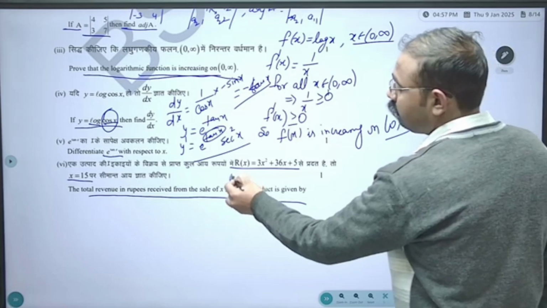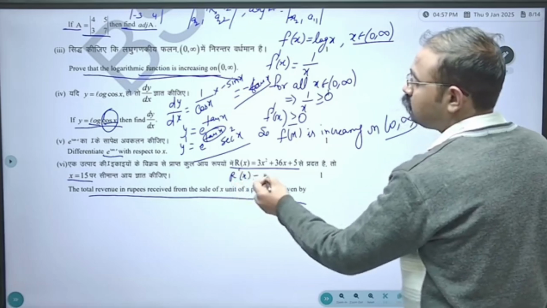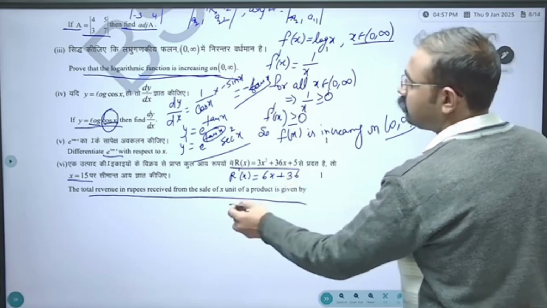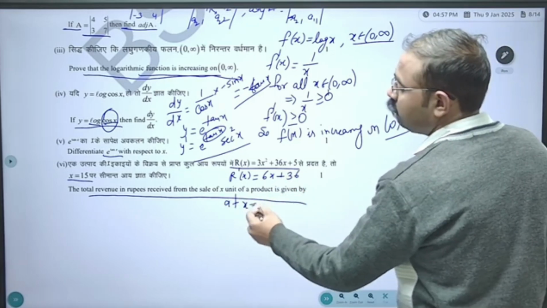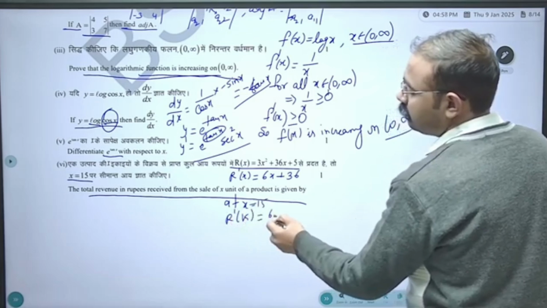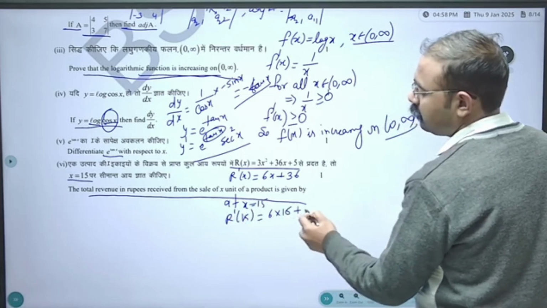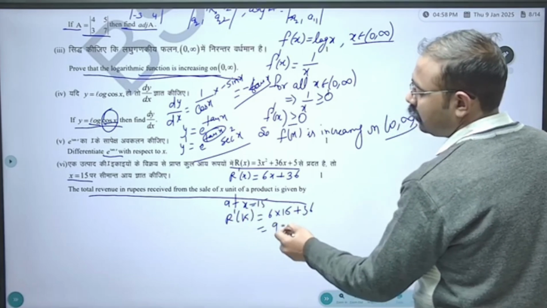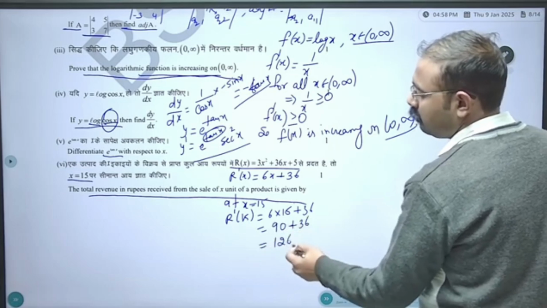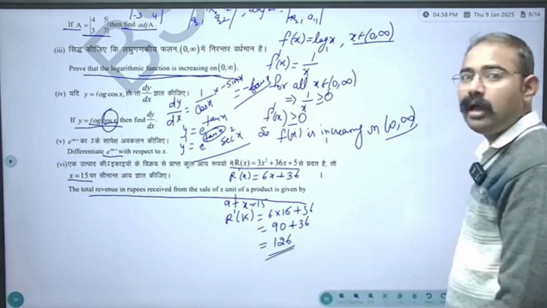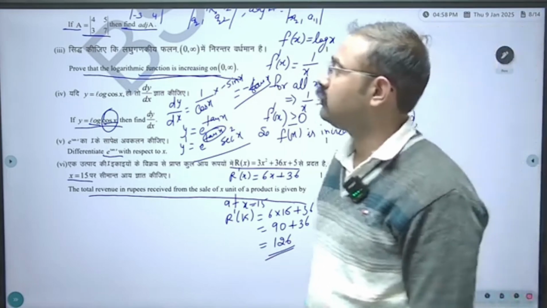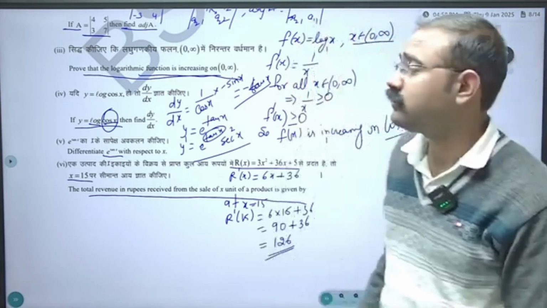So differentiation of this function R dash x is equals to 6x plus 36, and at x is equals to 15, R dash 15 is equals to 6 multiply 15 plus 36. 15 sixes are 90, plus 36, 126 is our correct answer. So this was the question number 6 of very short answer type questions.